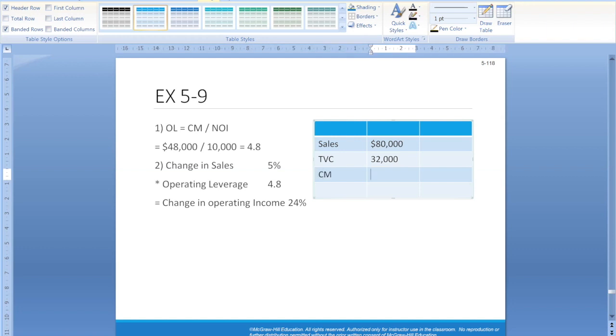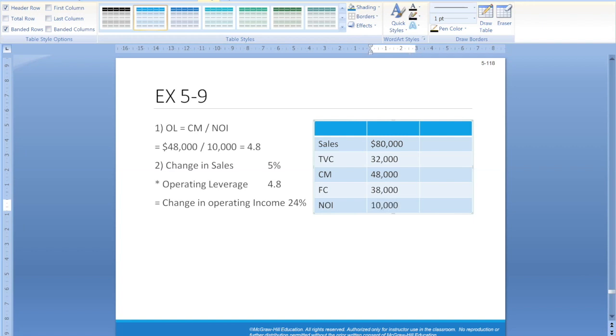Contribution margin is 48,000. Fixed expenses 38,000, and then the net operating income is 10,000.